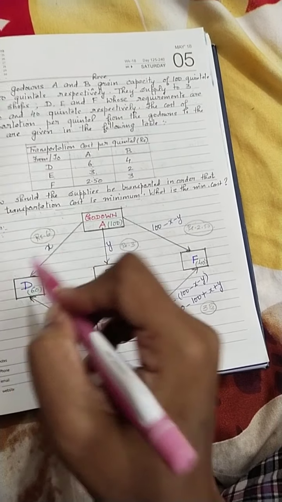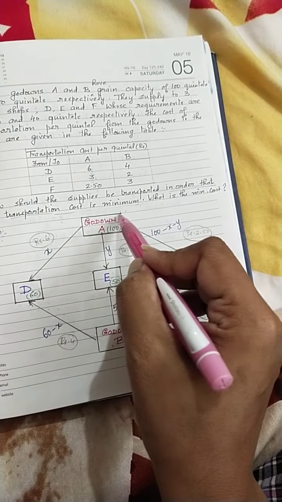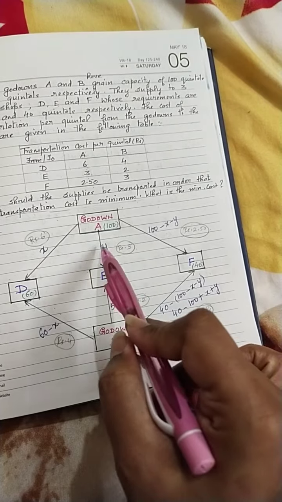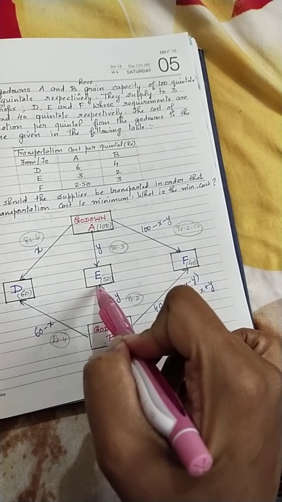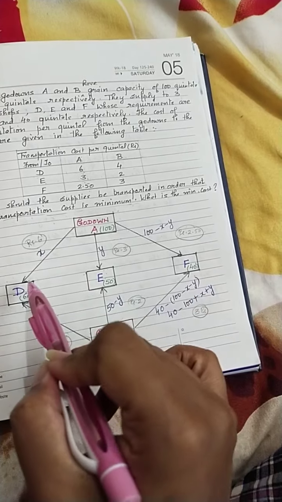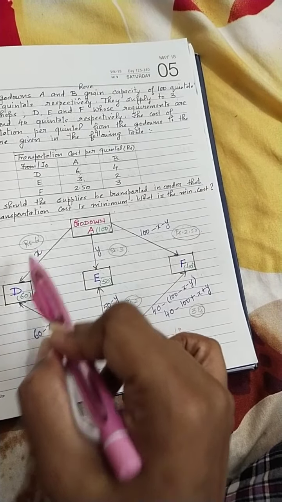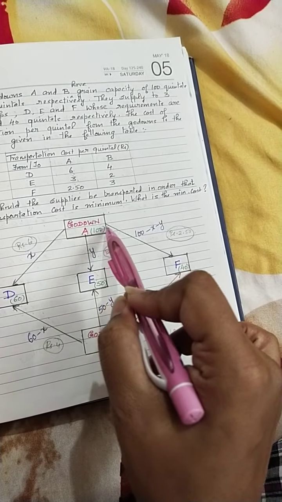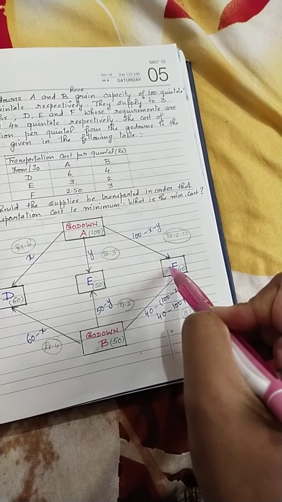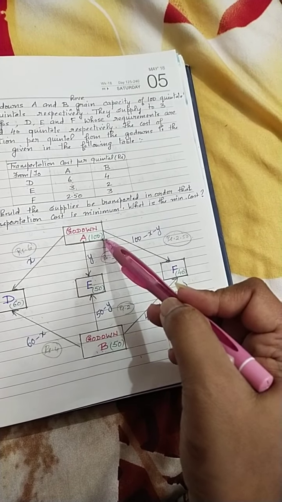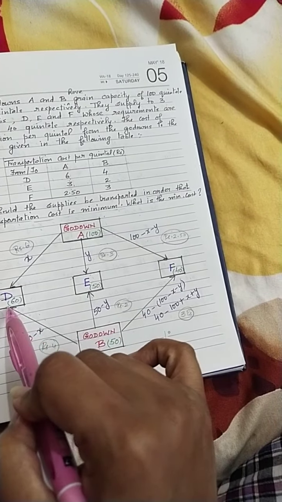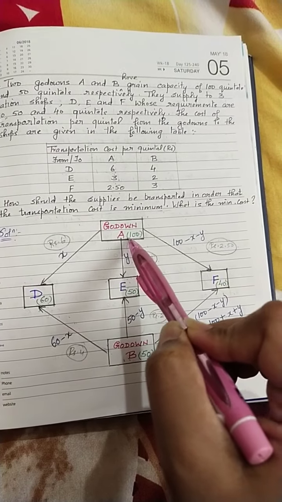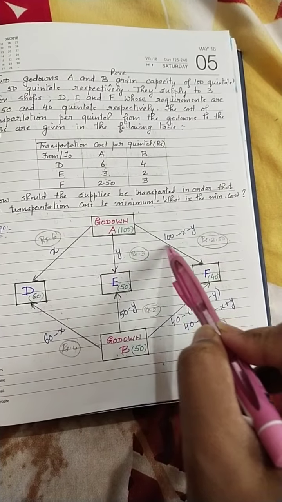Next, the same godown A supplies Y quintals to E. So how much will it supply to F? From the 100, X quintals have already gone to D and Y quintals have been given to E. Now what is left?